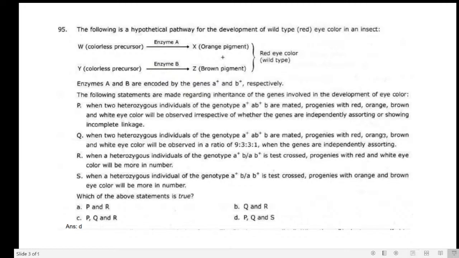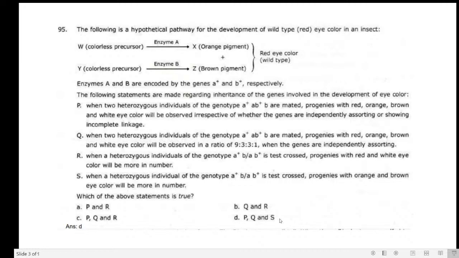As per their question, we want to understand which statement is correct regarding the inheritance of the gene. The correct one is option D, PQRS.